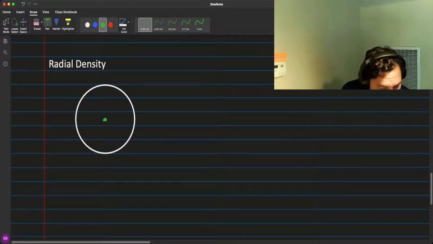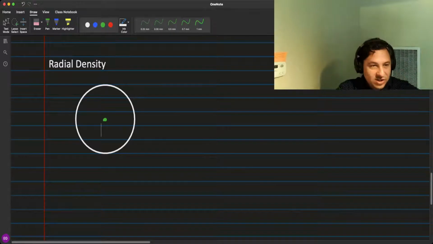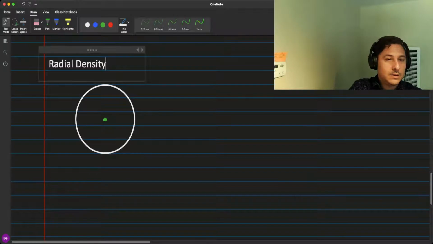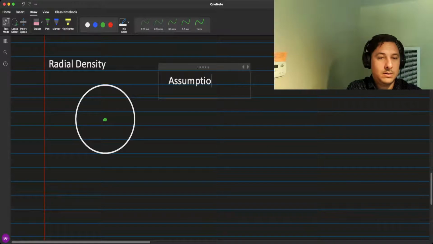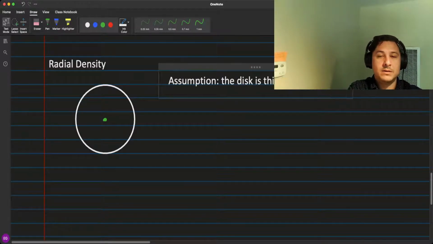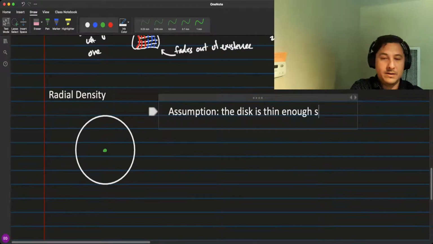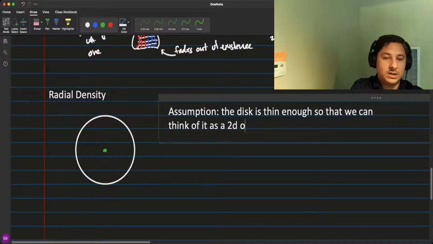Okay, and now we have this disk. And let's just assume, so the assumption here is that the disk is thin enough so that we can think of it as a 2D object.